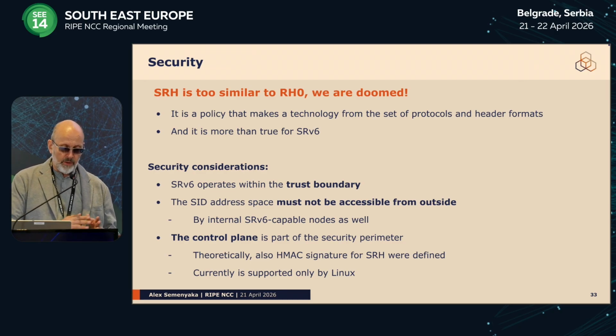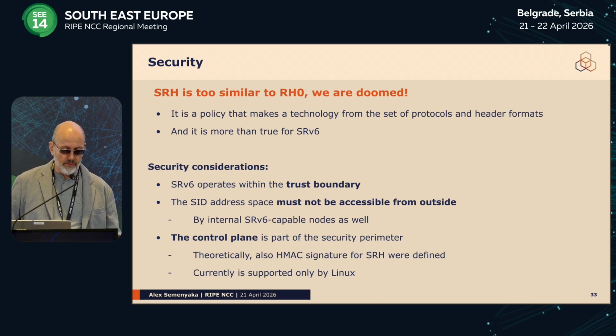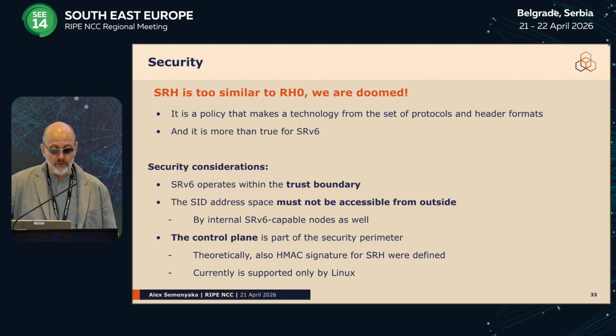Theoretically, when they describe segment routing, they mention that we have HMAC signatures in SRH, and we can use them to protect our SID information. And that's a partial truth, because theoretically in the standard we do have that. We have this TLV with the signatures described, but they are not implemented anywhere except Linux.